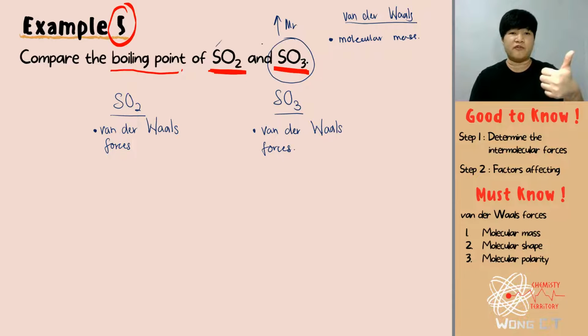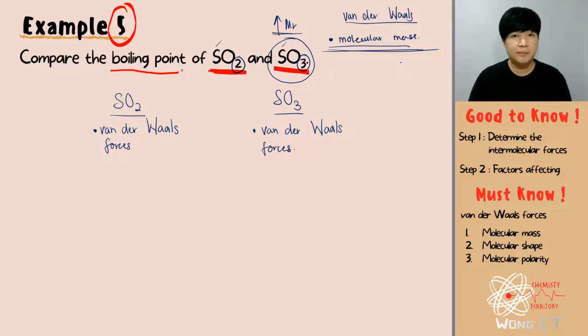It's the same sulfur, but SO2 has only 2 oxygens, while SO3 has 3 oxygens. Automatically, the molar mass of SO3 is definitely higher. Since the first factor can already differentiate them, it's not needed to check the second factor because the molecular mass is already different. Straight away, you can explain by using the factor of molecular mass.